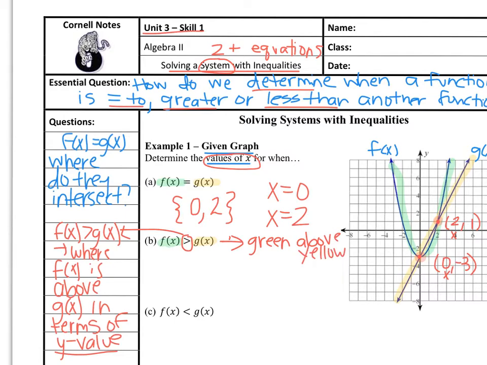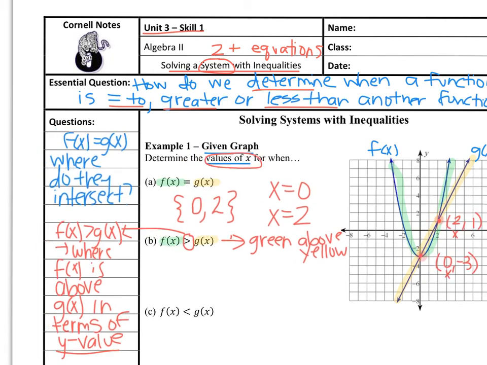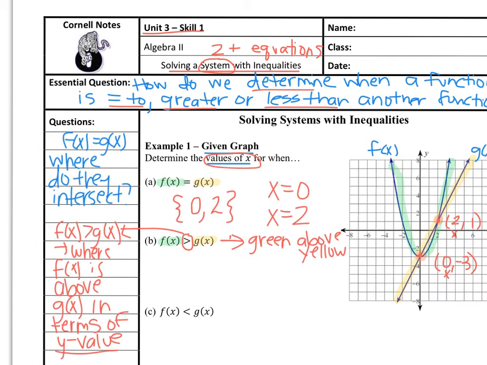If you look from here to here, green is above the yellow, and from here to here, green is above the yellow. Right here, green is underneath the yellow because going vertically, the yellow is on top of the green. So we just want this interval and this interval as our answer.